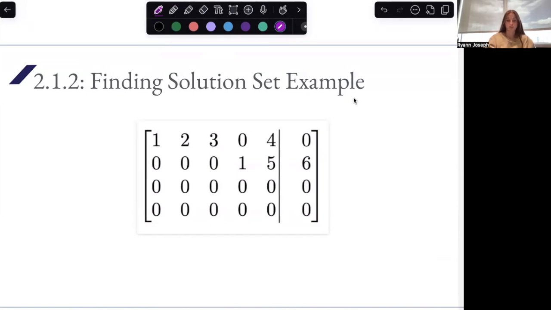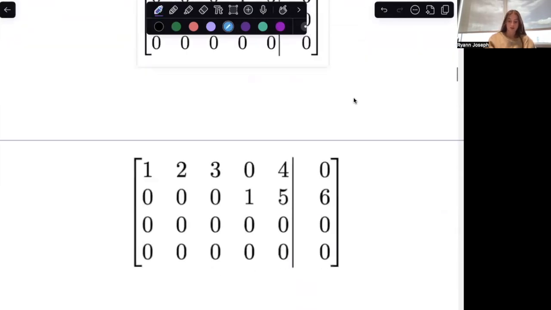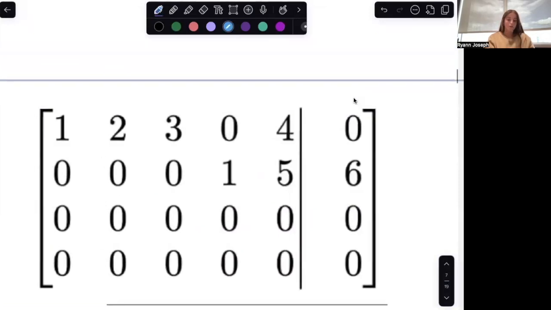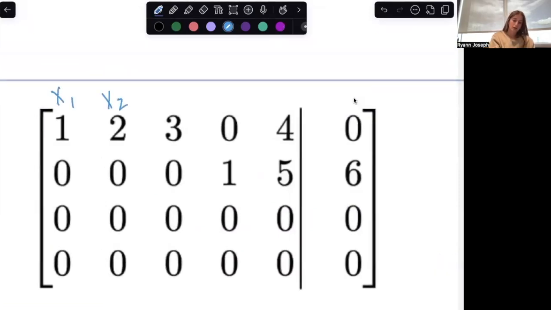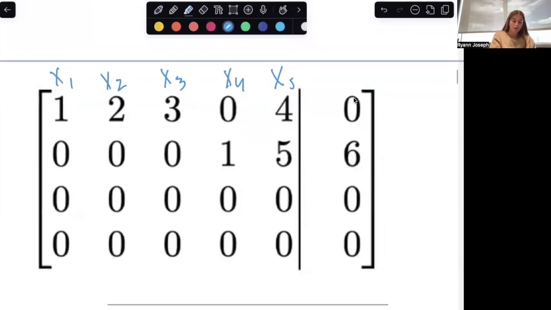We have free variables. In this case, I'll write it on this one. Our variables are x1, x2, x3, x4, x5. Again, x, y, z versus x1 through x5 does not matter. These names don't really matter. My pivot variables are x1 and x4.